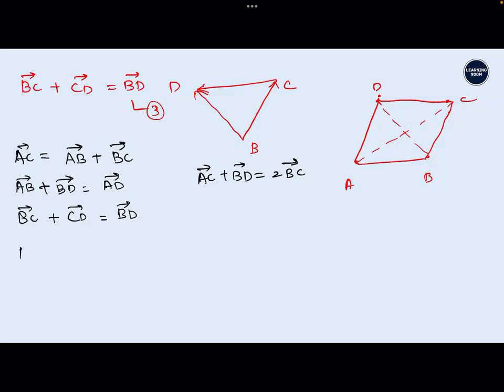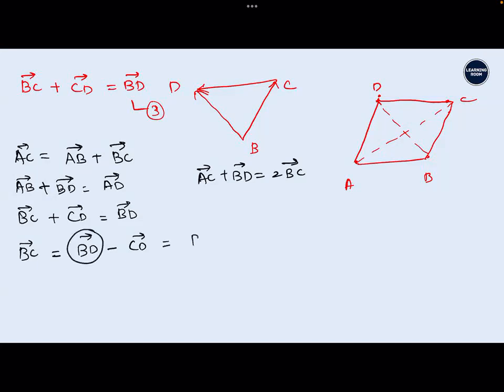If I observe the third expression, can I write BC vector is equal to BD vector minus CD vector? Can I do that? Right, observe.